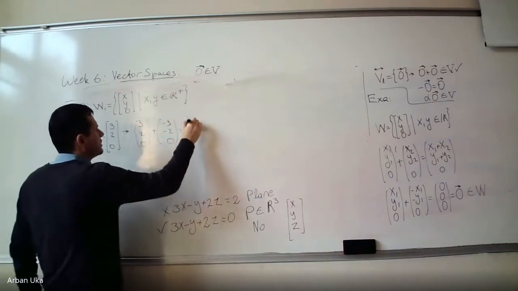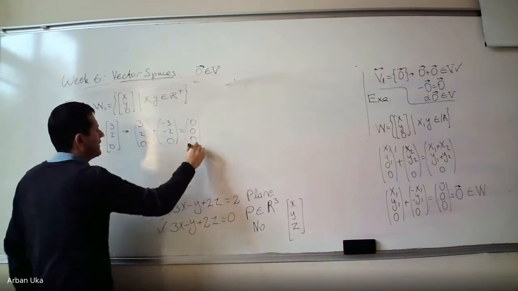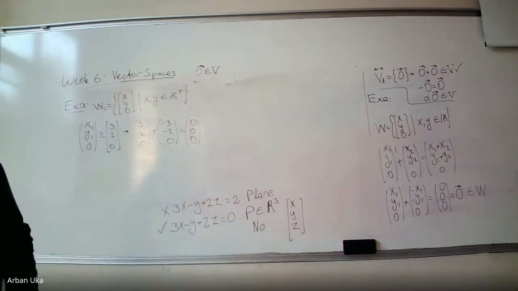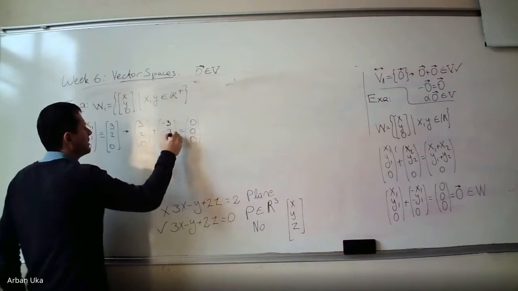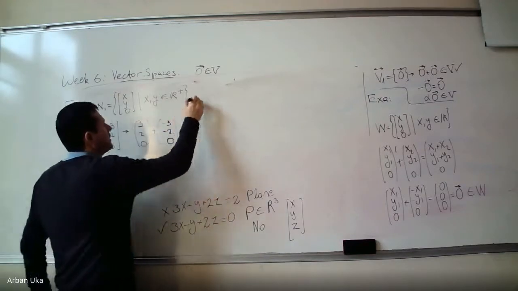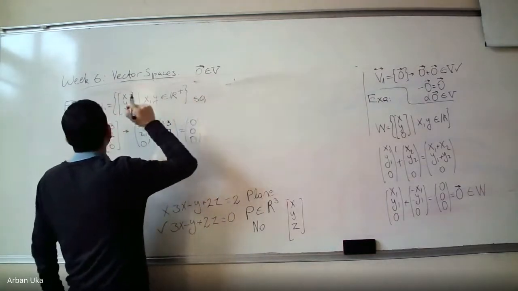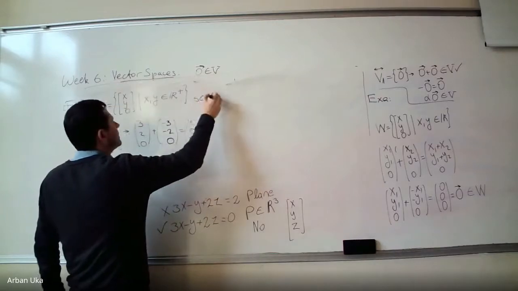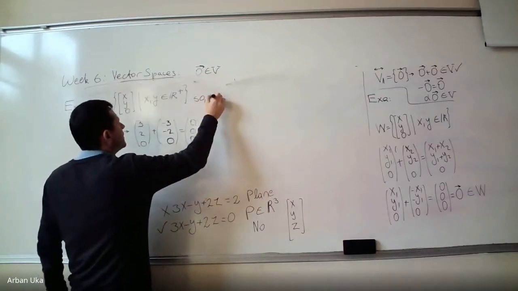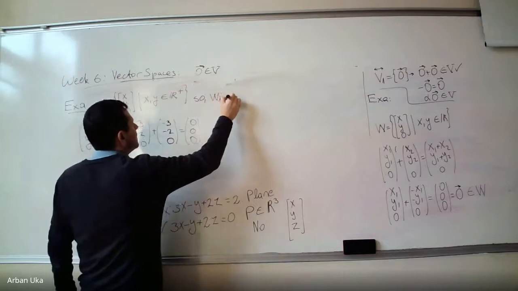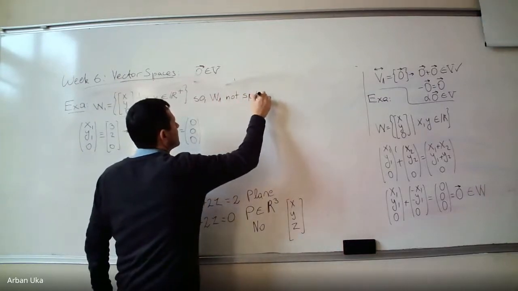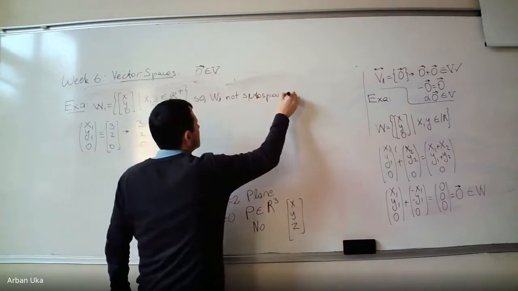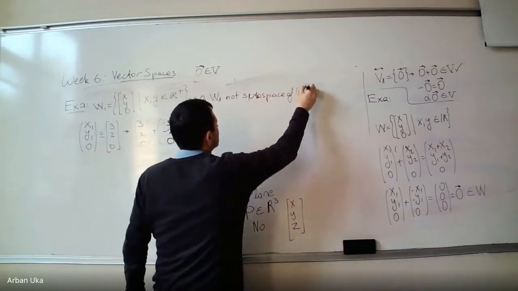This would be equal to 0, 0, 0. But the second element, minus 3, minus 2, 0, is not in W1. So W1 is not a subspace of R cubed.